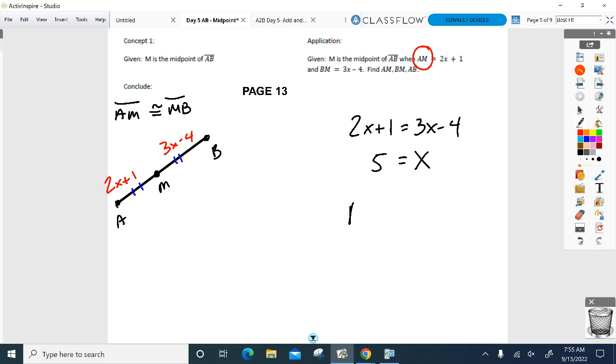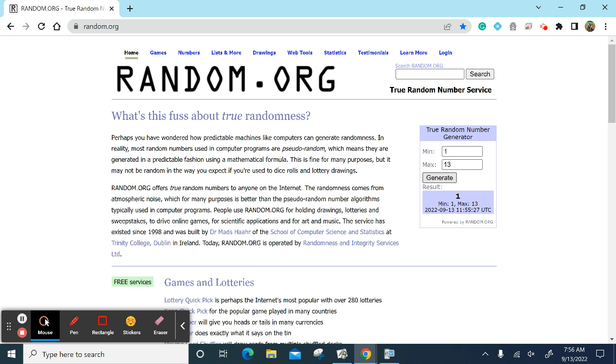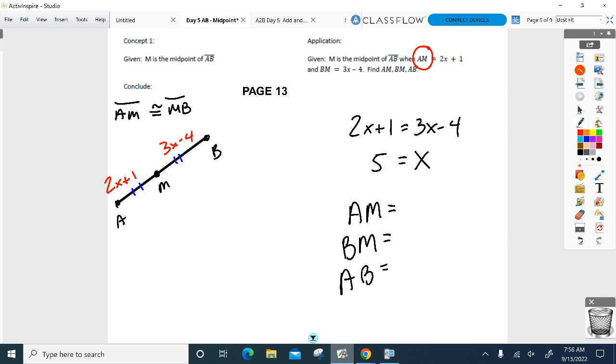Now everyone go back. Let me know what AM is, BM, and AB. What's the length of AM? 11.